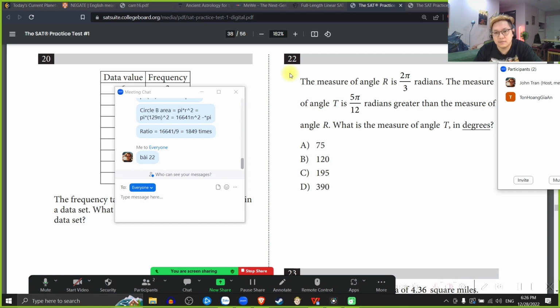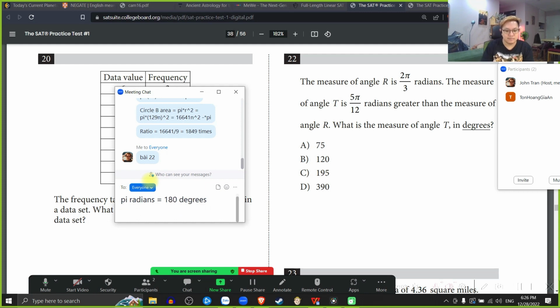Now they give radians, not degrees, but they ask you to calculate in degrees. They give you radians, but you have to calculate degrees. Now, 2 pi divided by 3 radians. Something to remember: 2 pi radians means 360 degrees. So pi radians equals 180 degrees.